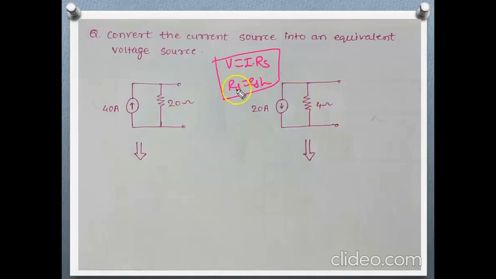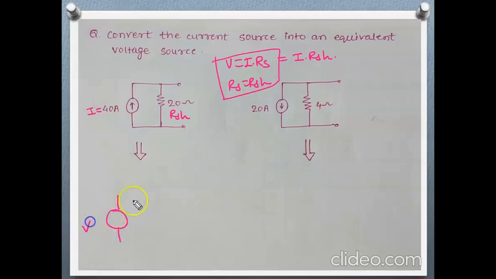As RS and RSH are equal, it can also be written as V is equal to I into RSH. Here 40 ampere is given, the arrow is upward, so this is the current value and this is the RSH value. So what will be its equivalent voltage source?